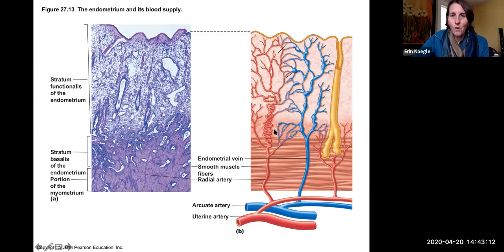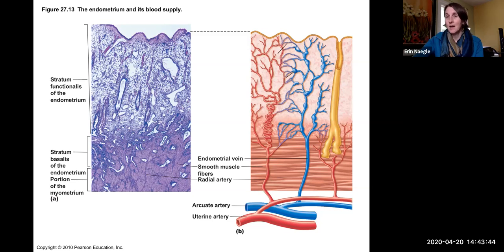This is all loose connective tissue that is rich in capillary beds. So the thickness of this is going to change depending on where a woman is in her menstruation cycle. All of this, from this smooth muscle lining up to the top, is developed every 28 days in order to help to support a pregnancy.